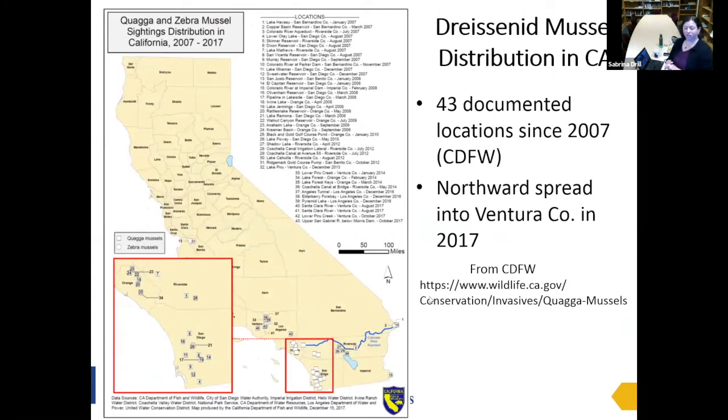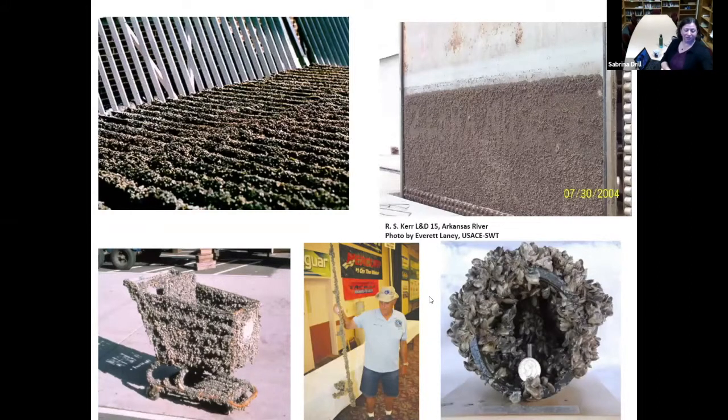I'll just spend a little bit of time on these guys. I'm not going to go into as much detail on some of the other invasives as we go through this, but these guys have become a huge problem. They've spread throughout California. This is a little bit out of date, from 2017. And you can see some of the infrastructure problems that they cause. Up here I believe this is a dam gate. These are some slides that Ted gave me. This I know is a dam lift gate.